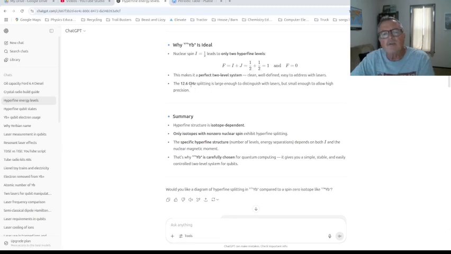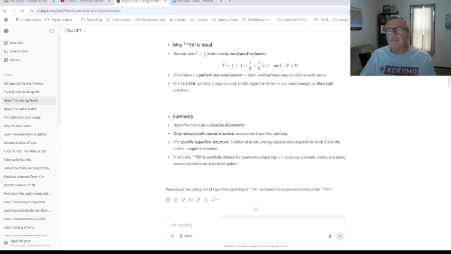We're only dealing with billions of hertz. So how do we come up with a 12.6 gigahertz signal? Well, that's microwave levels. So you could use a microwave, but usually what's done is 2 lasers are used with a difference frequency equal to this magic 12.6 gigahertz. And that's how we change the states.